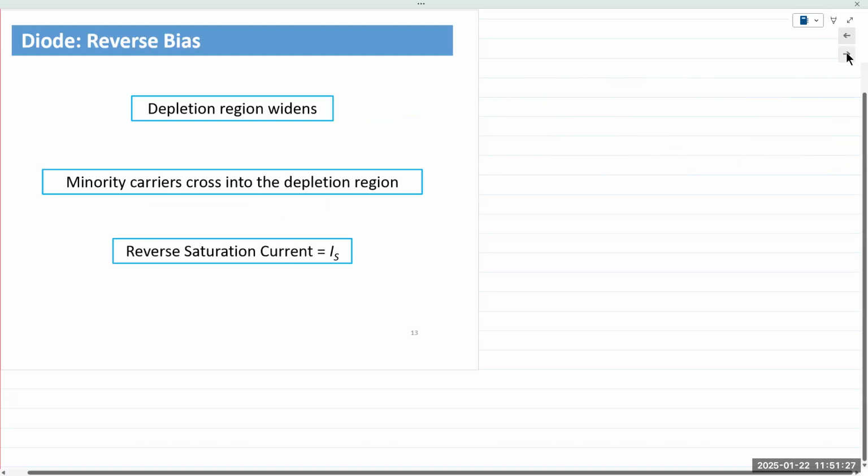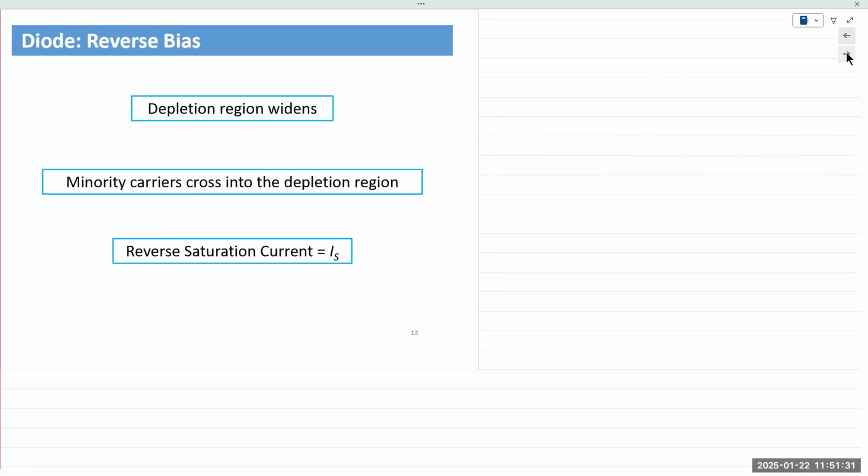All right, reverse bias. What happens in reverse bias? If we apply negative voltage to the p-type material, meaning the anode, let's look at what happens at the subatomic level.